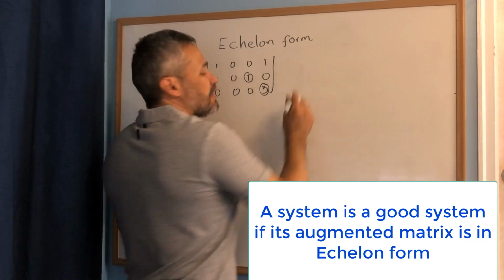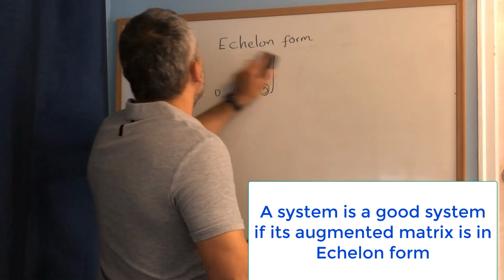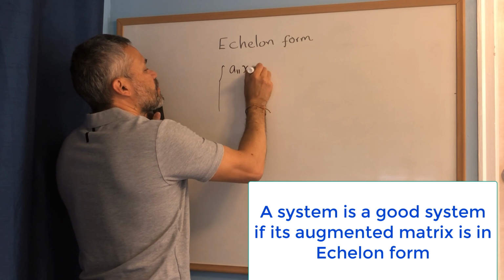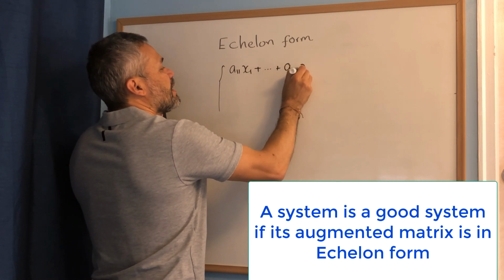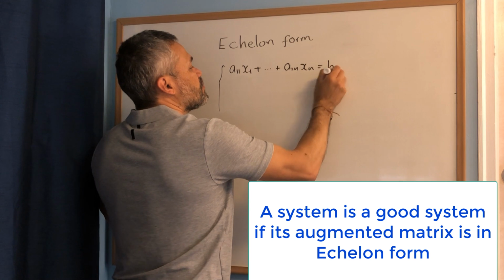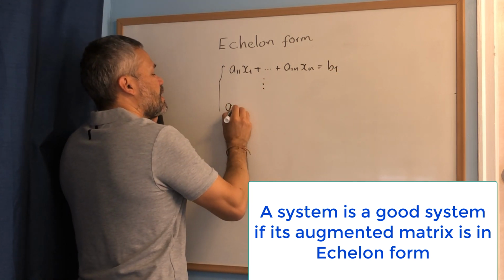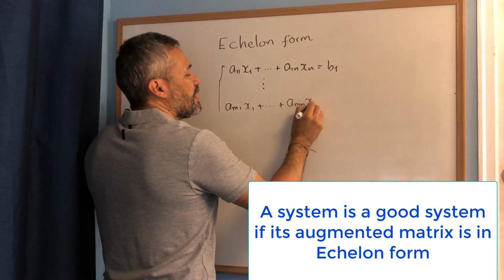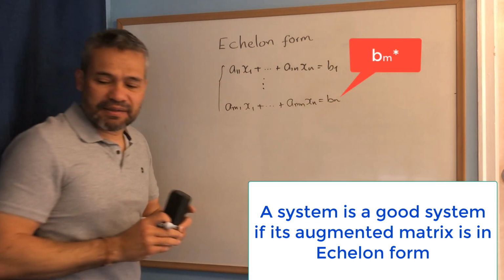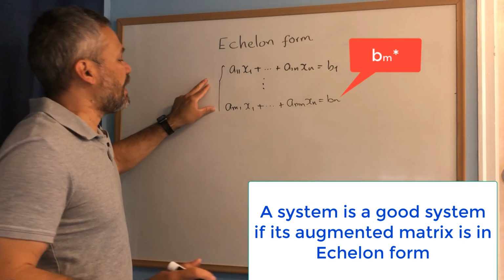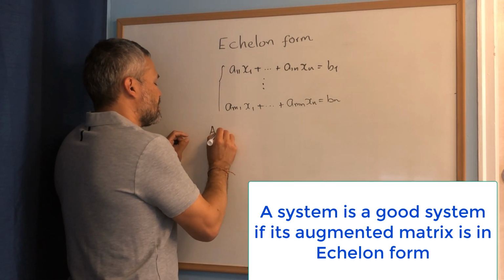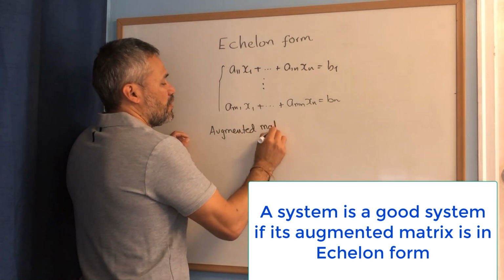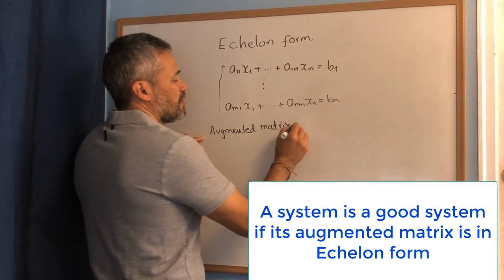Remember that if you have a linear system, A11 x1 plus ... plus A1n xn equal to B1, up to AM1 x1 plus ... plus AMN xn equal to BM, then we can define the augmented matrix of the system.